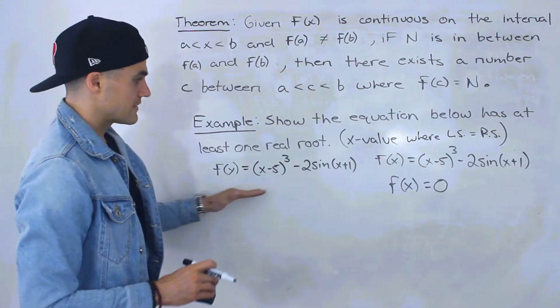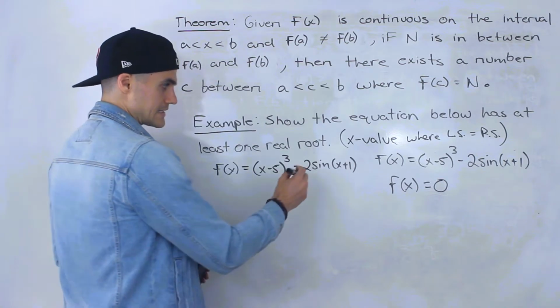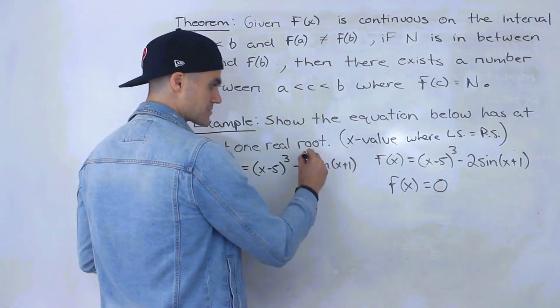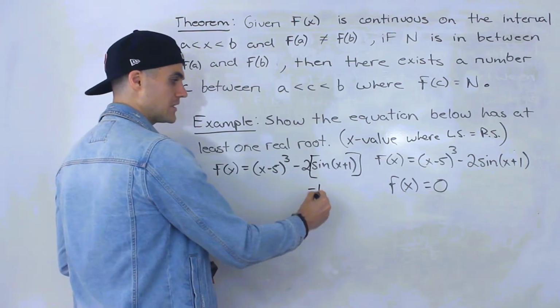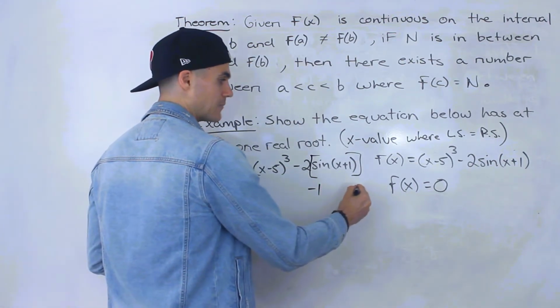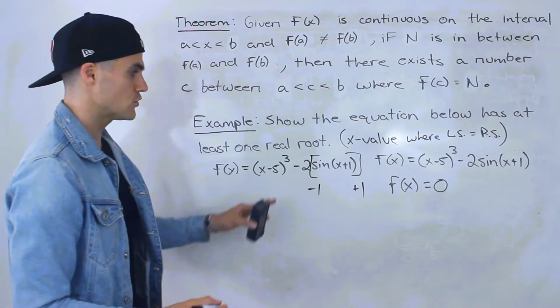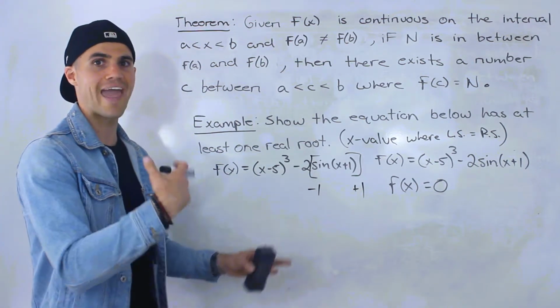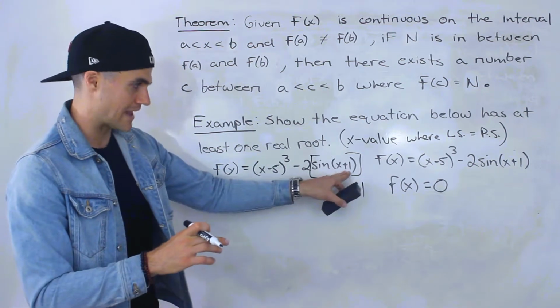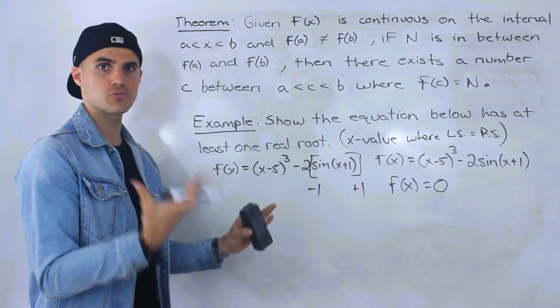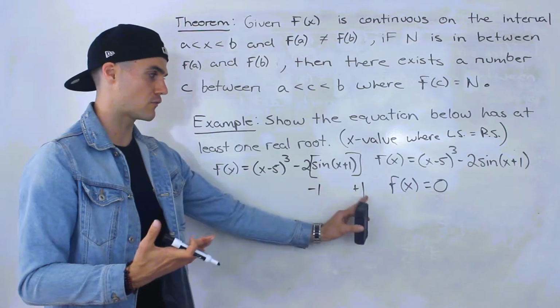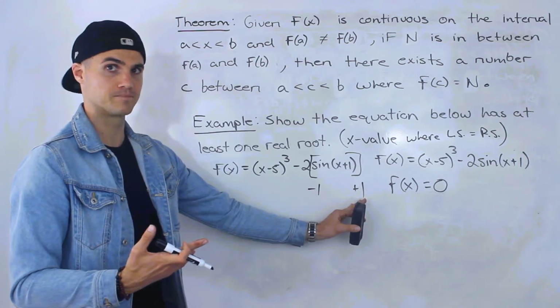The way you can look at this function here is, notice that sine of x plus 1, this expression here, is always going to be in between -1 and +1. If you remember, I've mentioned this before, sine of anything, as long as that anything in the bracket is defined, sine of anything or cosine of anything, is always going to be between -1 and +1.